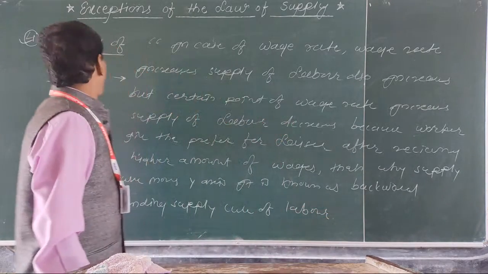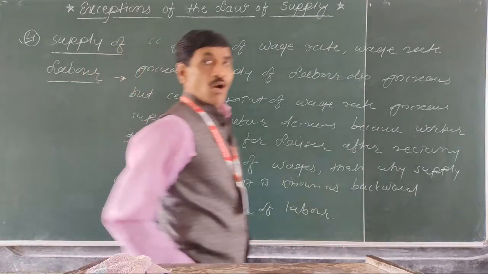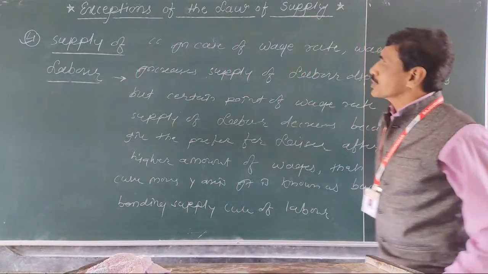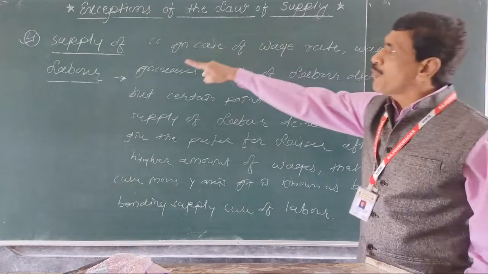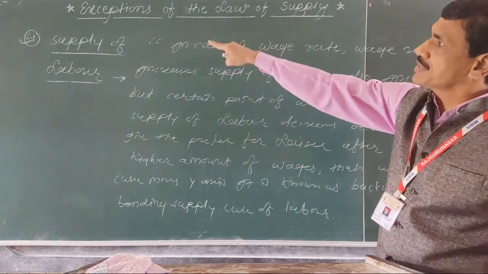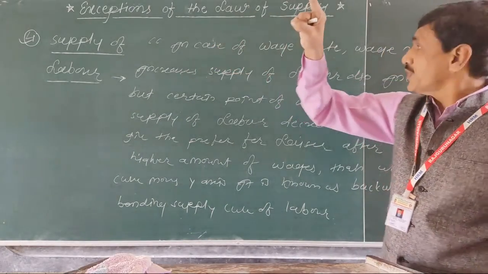So it is a very important exception to the law of supply. Number 4 exception to the law of supply is supply of labor.